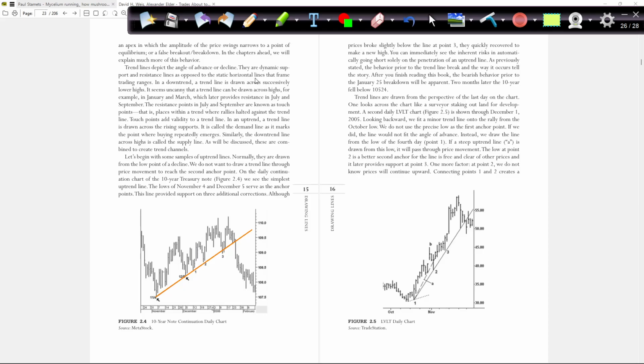And then this is the demand line, the demand line where buying occurred. So we have our trend line.